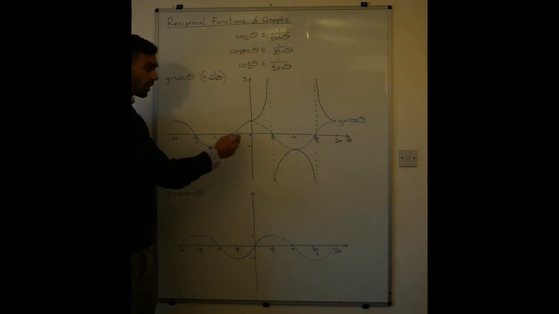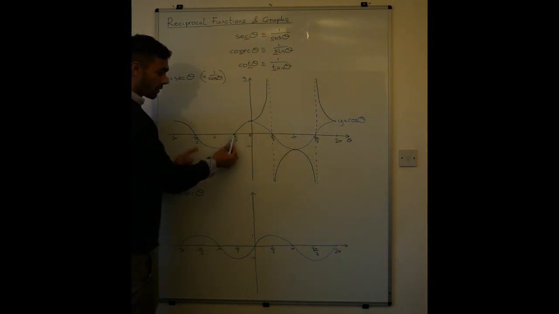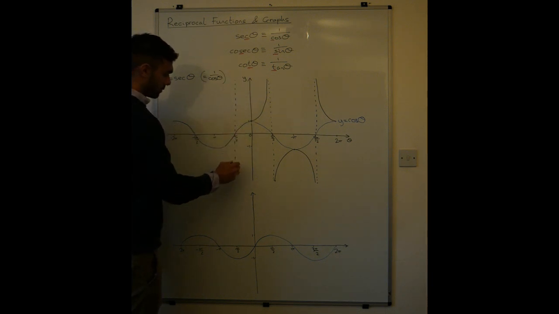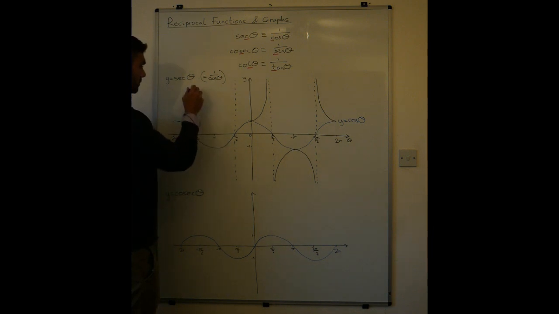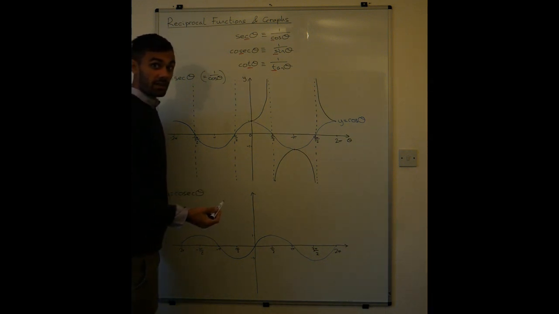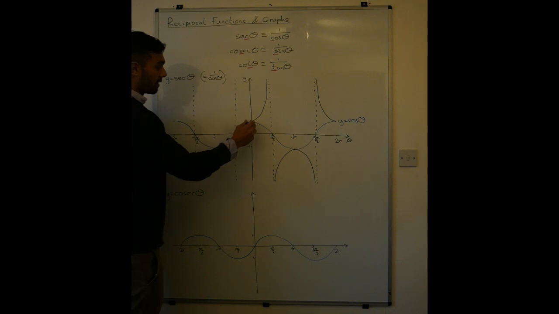So I can sketch my asymptotes wherever cos is 0. And then simply sketch my sec curve exactly the same as I've done over here.